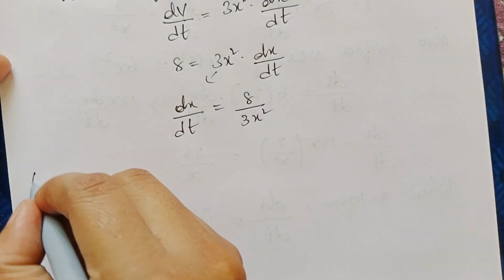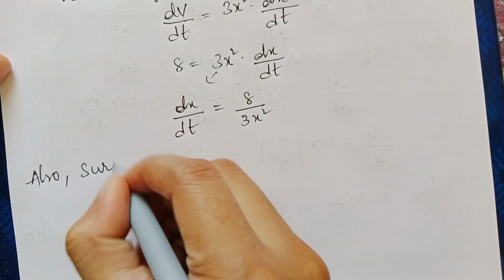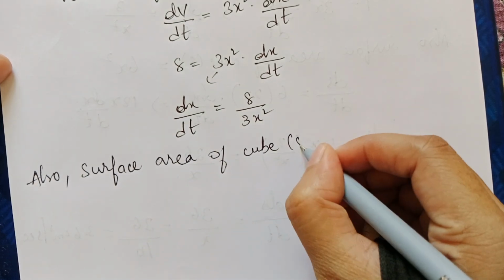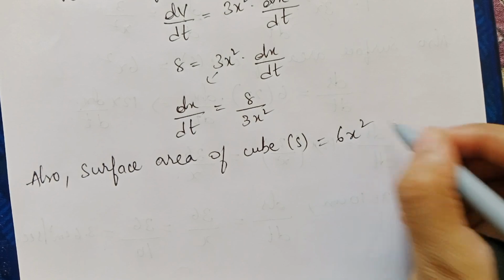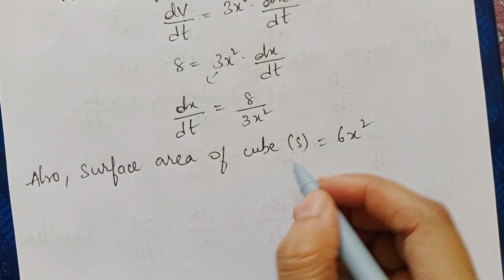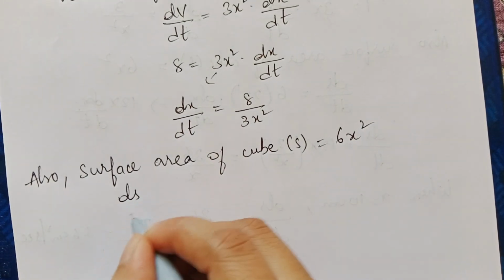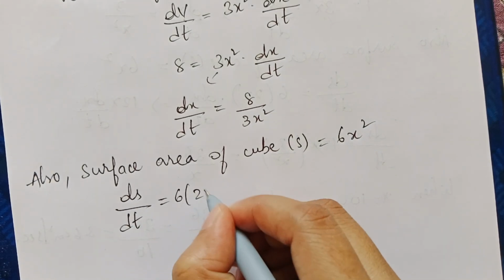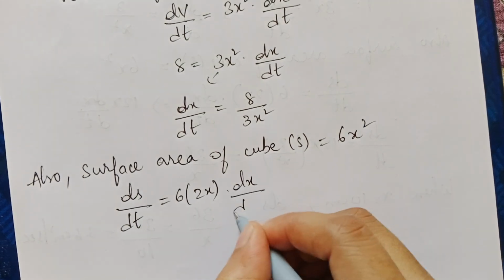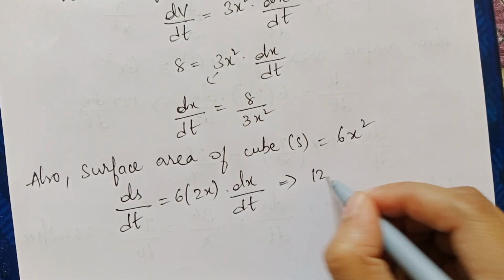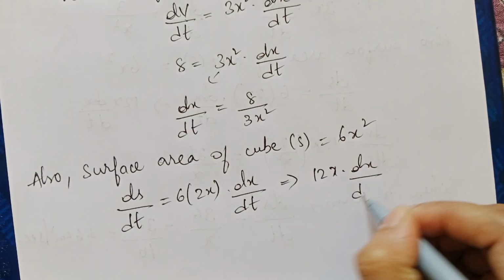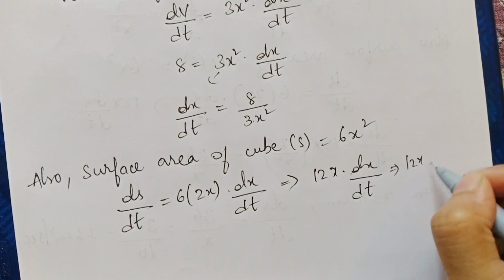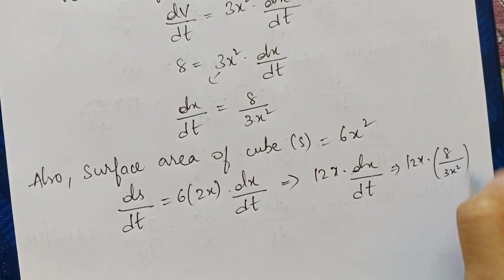Also find the surface area. Surface area of cube S is equal to 6x square. So differentiate, so it is dS/dt is equal to 6 into 2x into dx/dt, which is equal to 12x into dx/dt. Substitute dx/dt in this equation, we'll get 12x into 8 by 3x square.